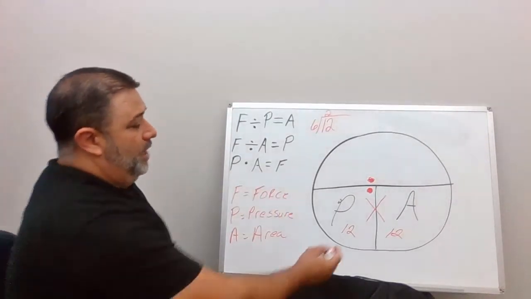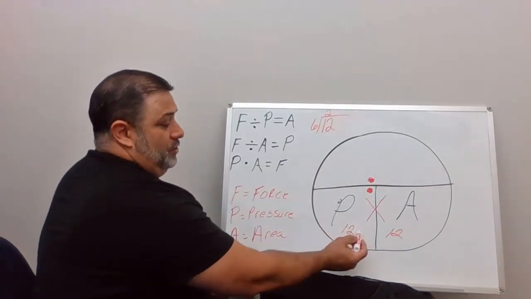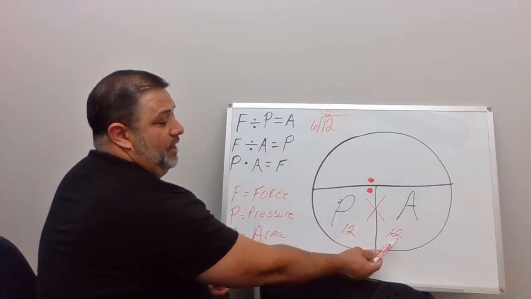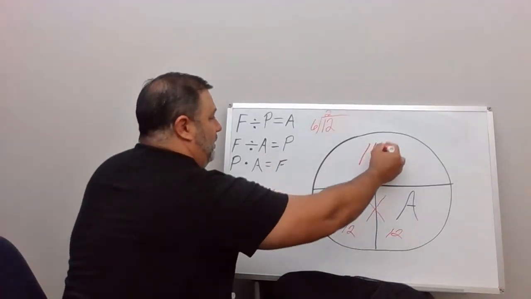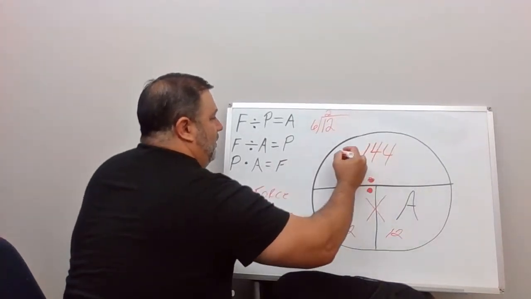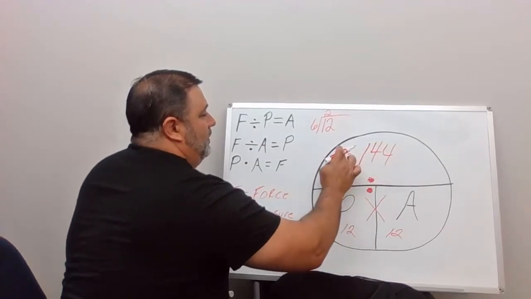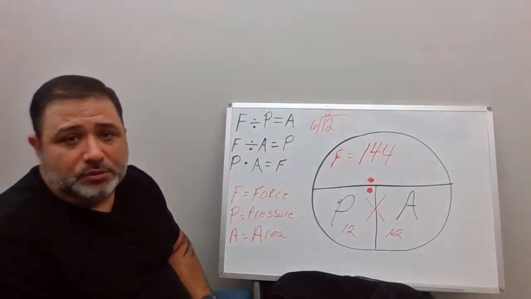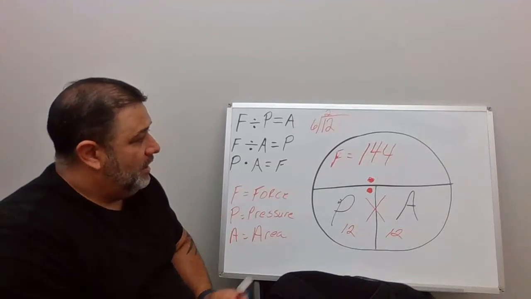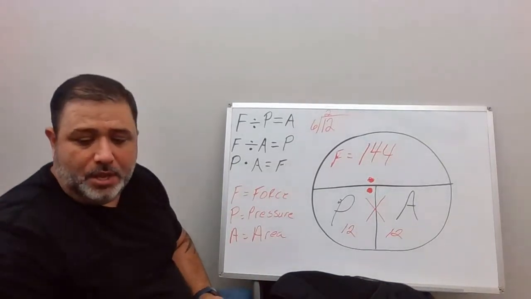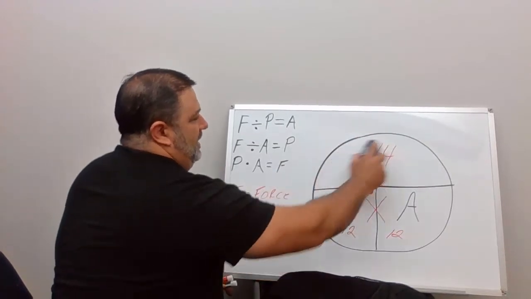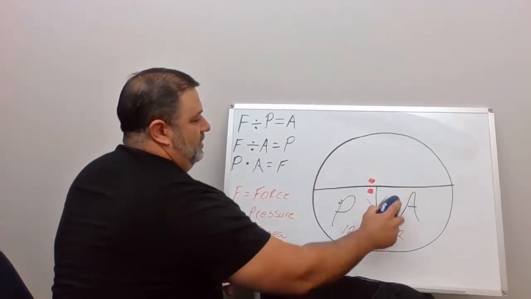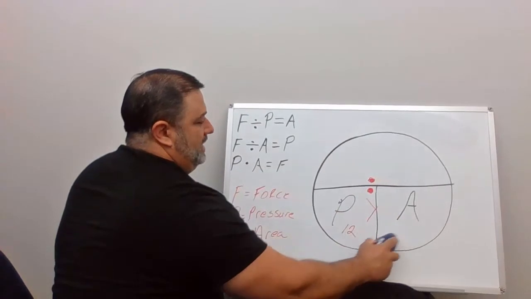So, we go 12 times 12 equals our force of 144. That's how that would work. So, as you see, the formula is really easy to use.